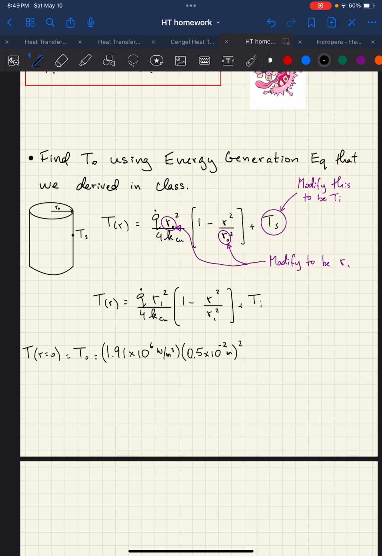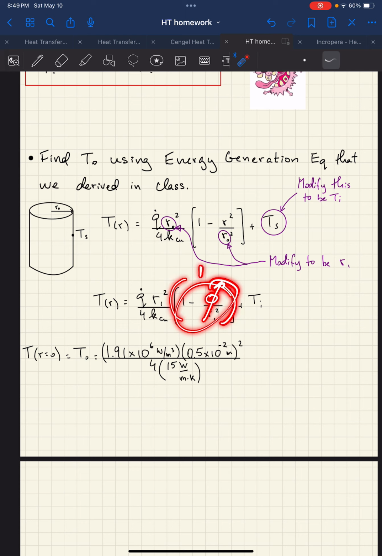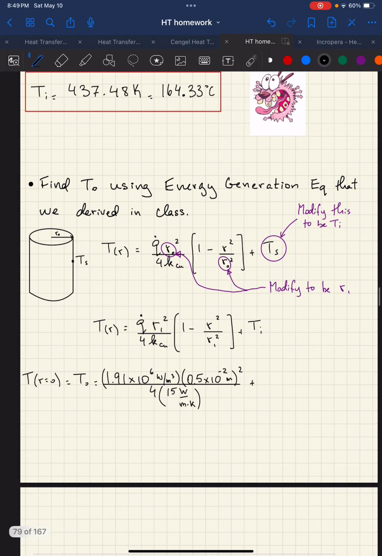We got to square that. Divide by 4 times the thermal conductivity of copper, which in this problem is given to be 15 watts per meter Kelvin. Now this portion in the parentheses, we have r equal to 0, right? So the whole thing in parentheses is just 1. So basically that vanishes, we just have this. And then Ti, we found it previously.